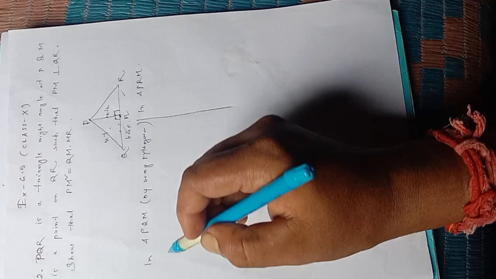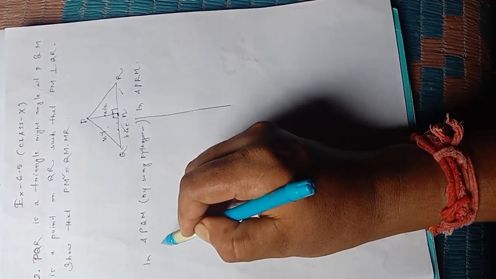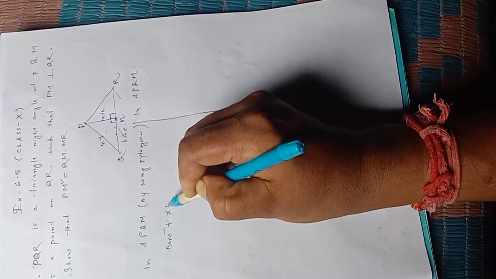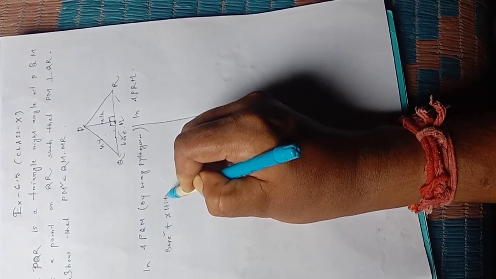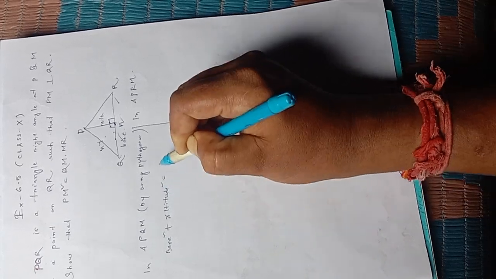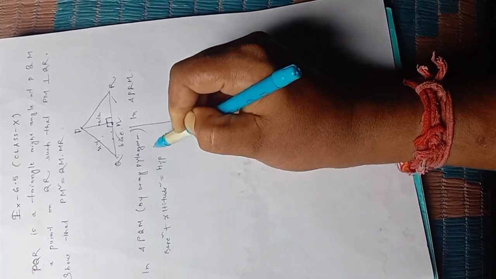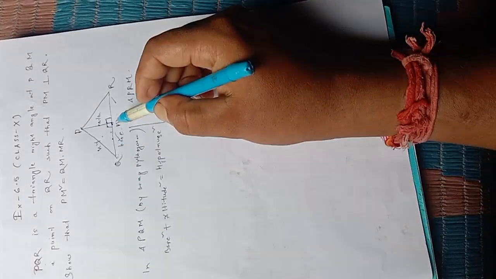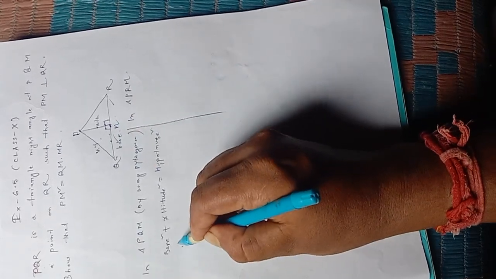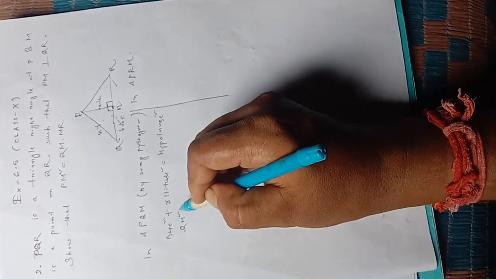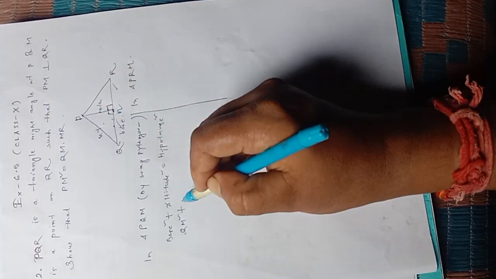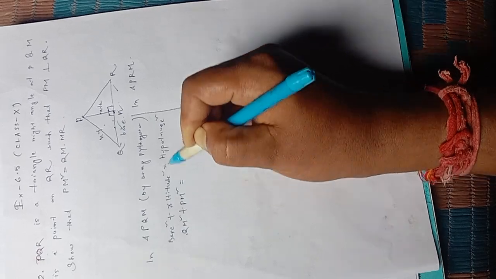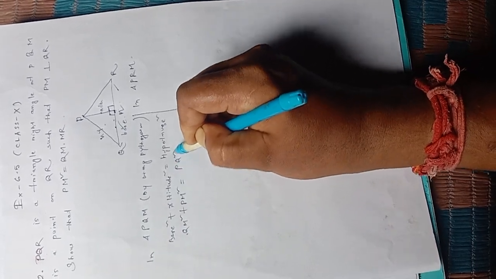Now in PQM we write base square plus altitude square equal to hypotenuse square. Base is QM, so here you write QM square. Altitude is PM square. Hypotenuse is PQ square.